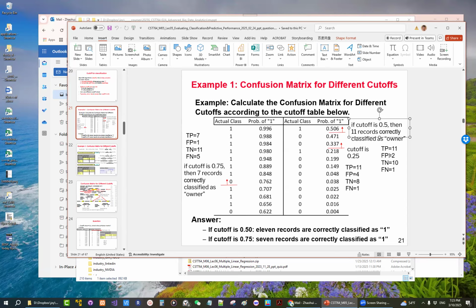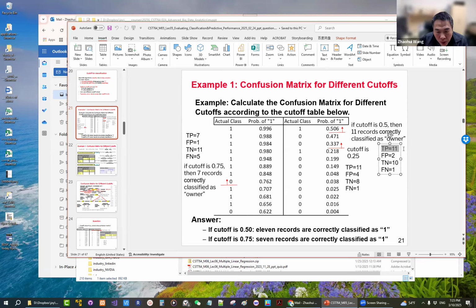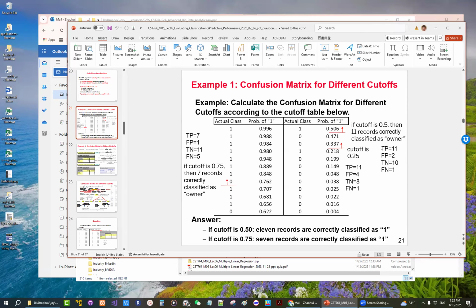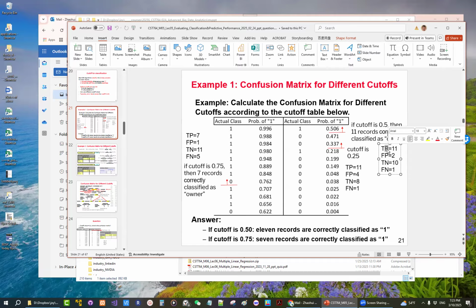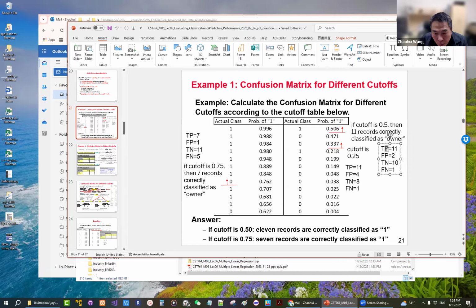Yeah. True positive means the predicted value is positive. Its predicted value is 1. The P is positive, that means the predicted value is 1. True means the predicted value is the same as the actual value.